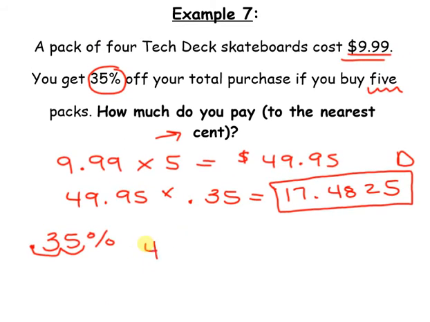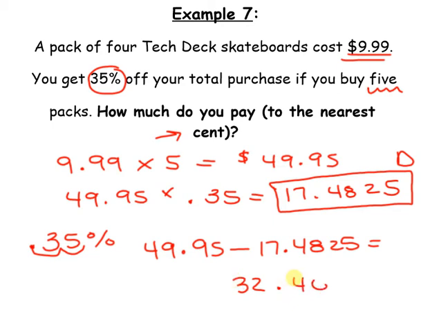All right, so let's try and figure out what is the total sale price that I pay. So I take my original price, $49.95, minus 17.4825. Go ahead and do that in your calculator. You should get 32.4675.